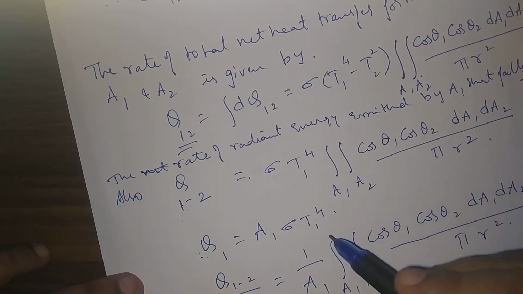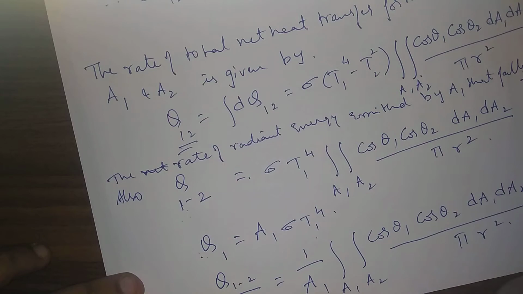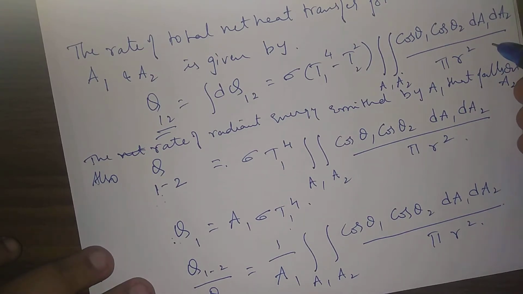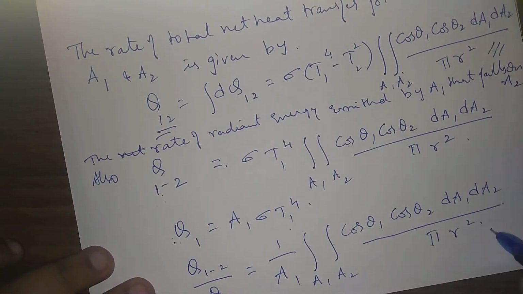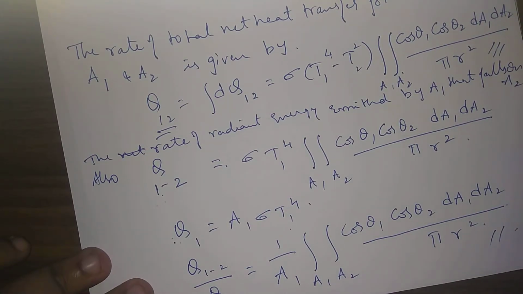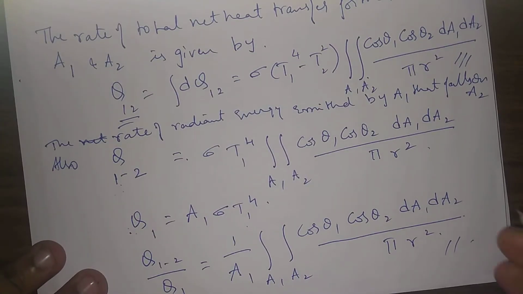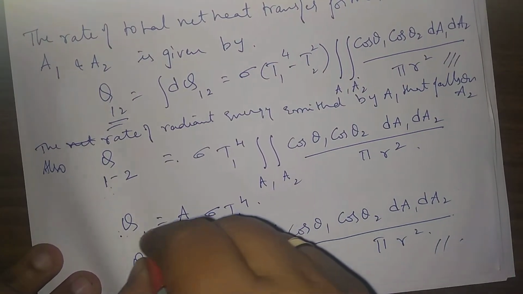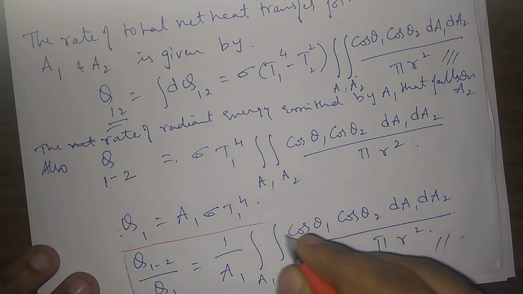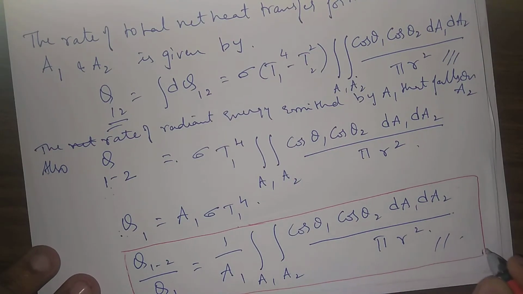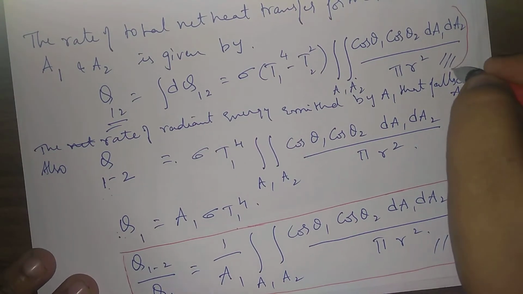All the sigma T1 to the power of 4 gets cancelled out. So this is what it turns out to be. Are you able to understand? Please see this one and also see this. Let me mark it with red color.